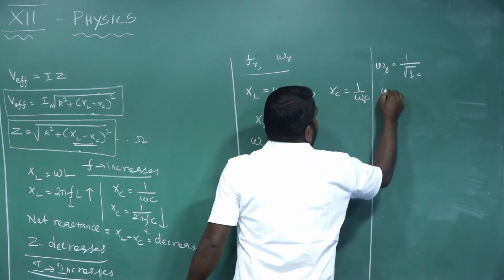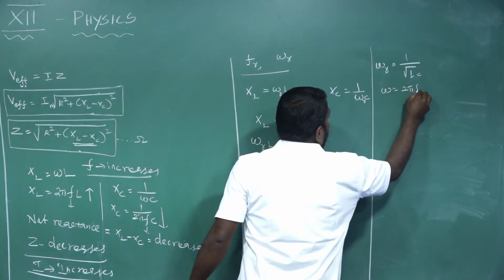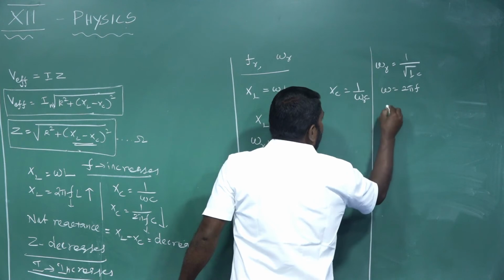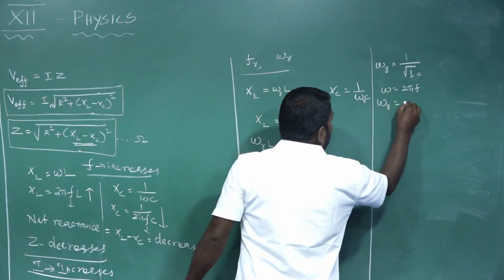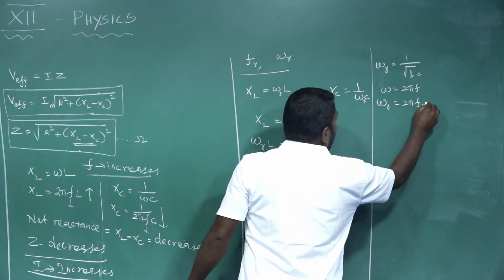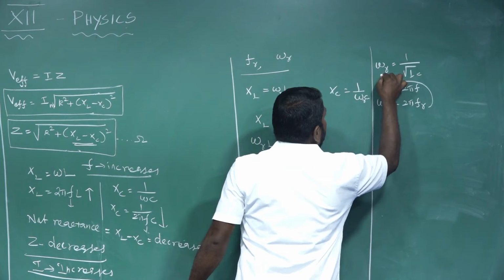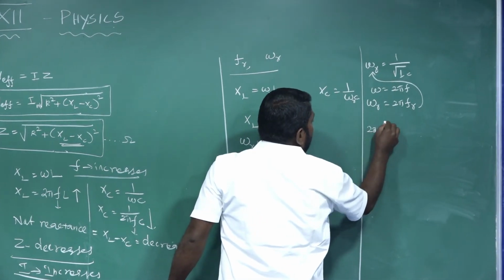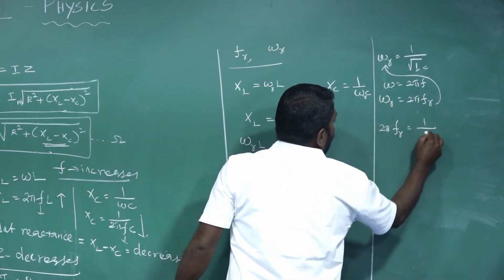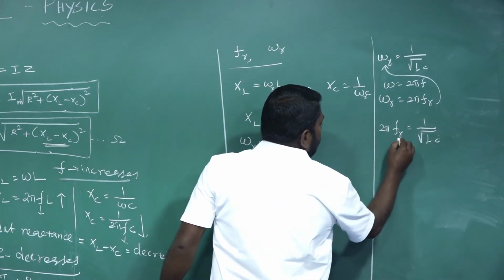We know that omega is equal to 2 pi f. Simultaneously, at that particular frequency, omega r is equal to 2 pi fr. Substituting, 2 pi fr is equal to 1 divided by root LC.